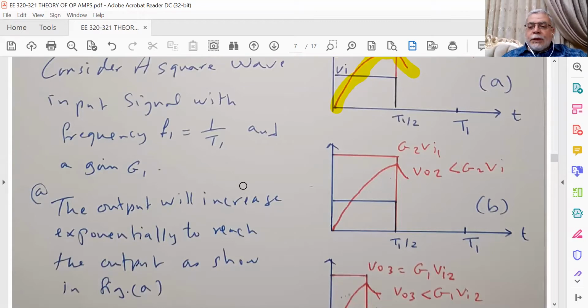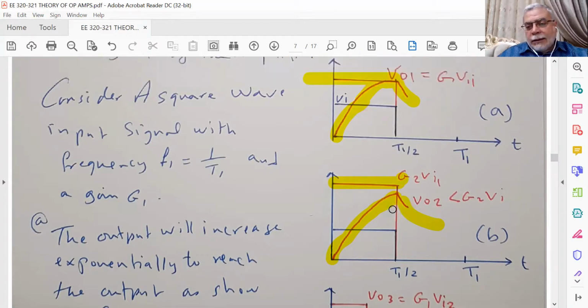Now, if we increase the gain to G2, the output must become G2 VI1. In this case, due to slew rate, the output will increase in the same way, like this, until we reach this point. So we will not reach the maximum, and at this point the output will decrease again like this.